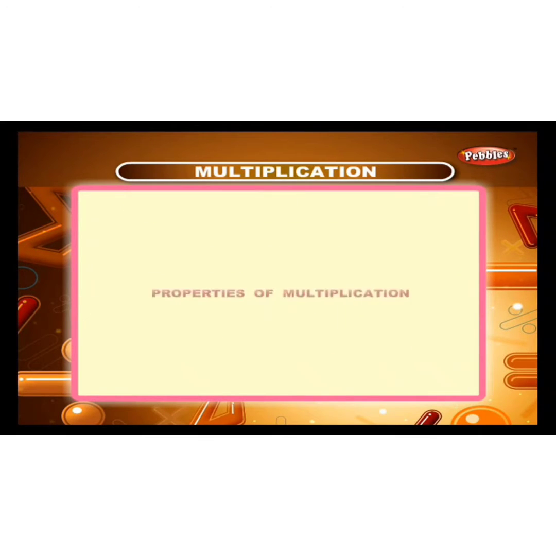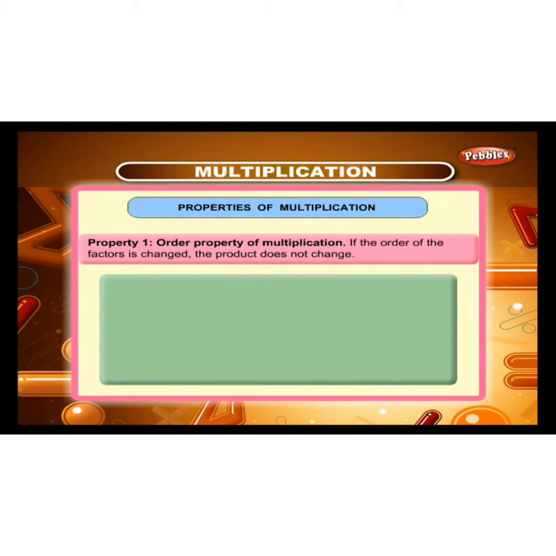Properties of multiplication. Property 1. Order property of multiplication. If the order of the factors is changed, the product does not change.